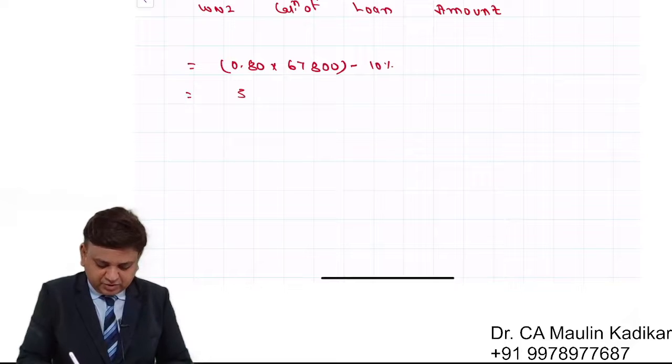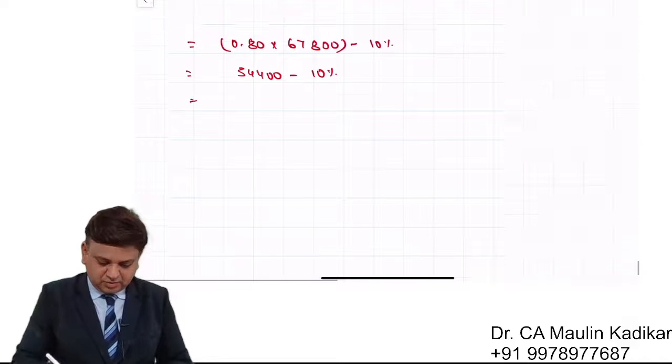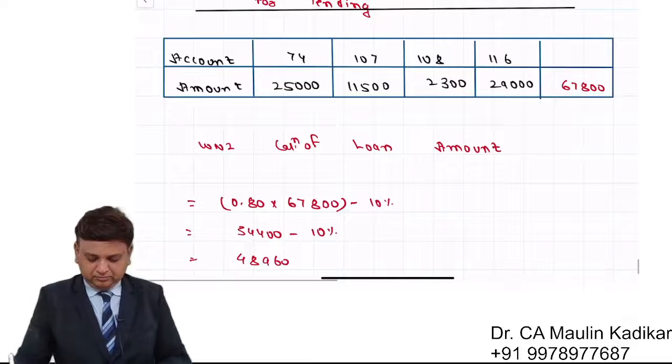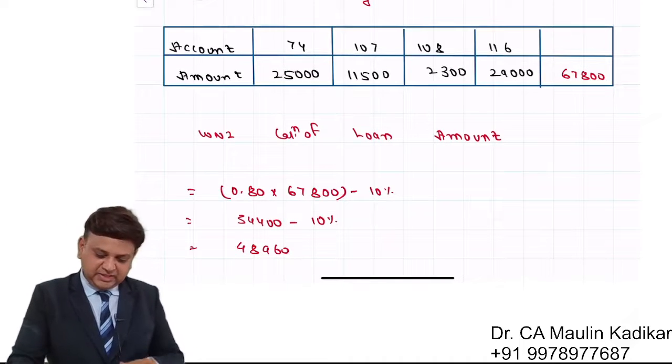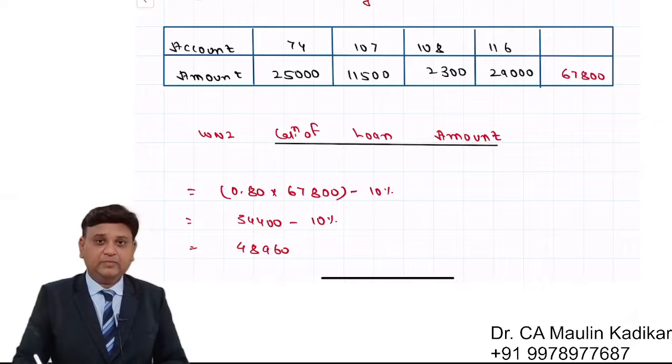So 54,240 minus 10 percent, 48,816. That is the way the loan amount is calculated. Please add an answer.